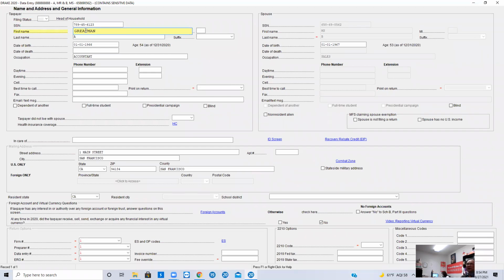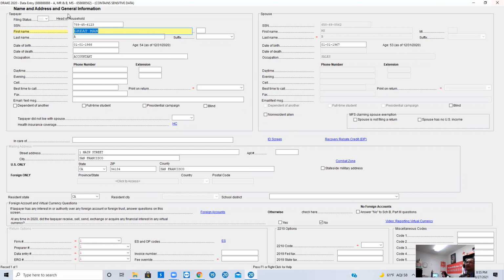So which way is right? Well, whatever shows on the Social Security card is the right way. But if you have become a U.S. citizen, the citizenship card, or the birth certificate if you were born in the U.S. Most likely you go with the same as your Social Security card, and that's how it works.